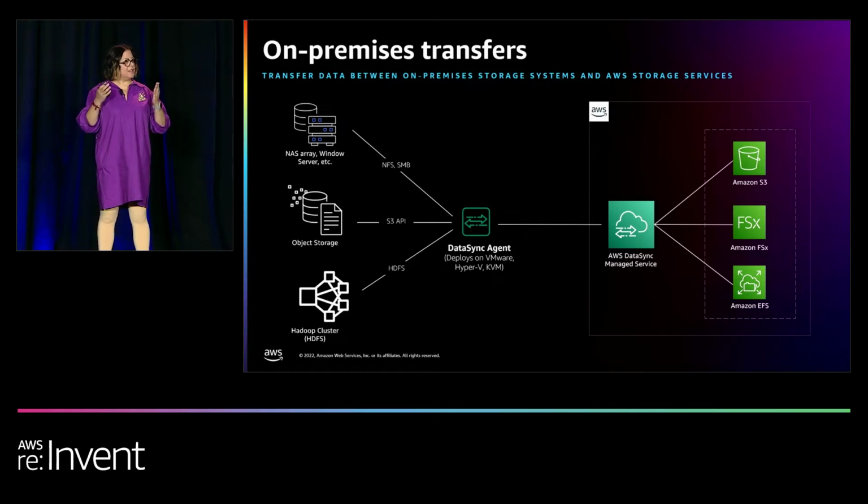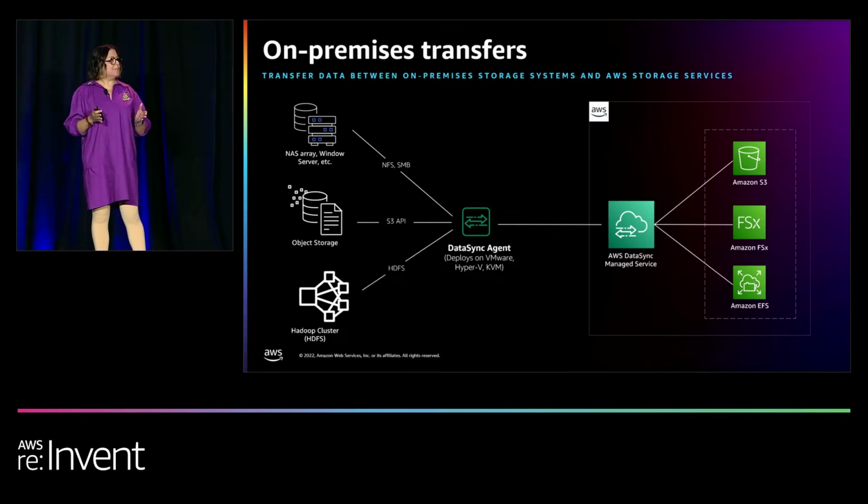And this managed service will take care of copying the data from your on-premises systems to AWS, and it will provide all the needed connectivity. And of course, when you copy your data, it will be fully encrypted and secured.